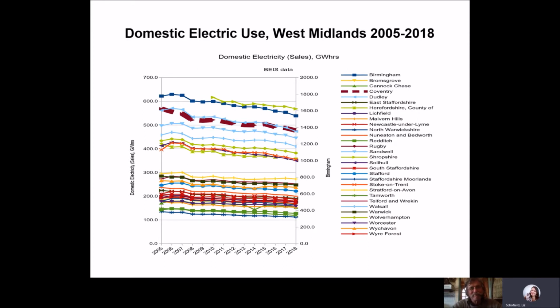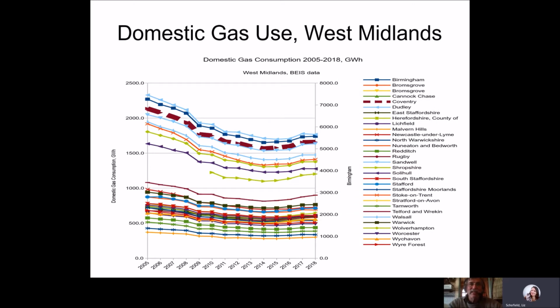Next slide, please. And this one looks at domestic gas in just the same way. And once again, that heavy dashed brown line is Coventry. And the trend in Coventry is exactly the same as its neighbors. There's no indication of a liftoff, no indication of a spike, which is what you would expect if we were seeing a massive population increase here.